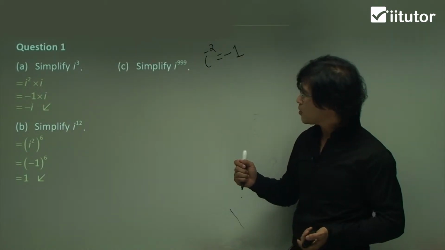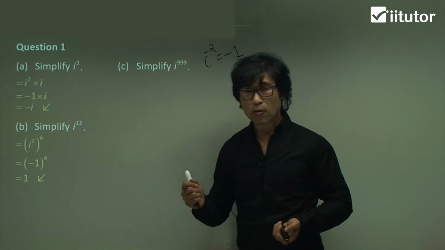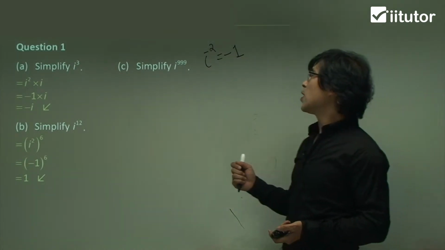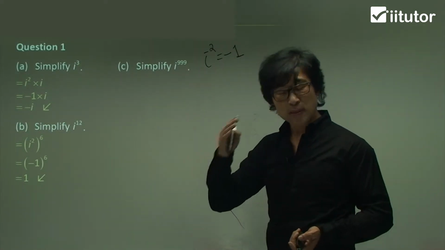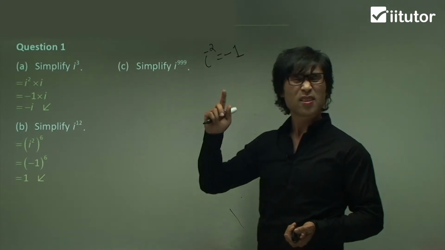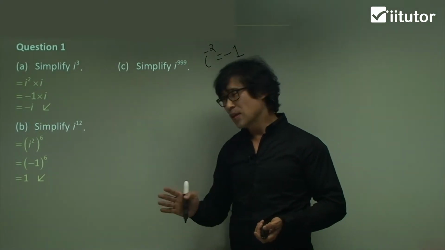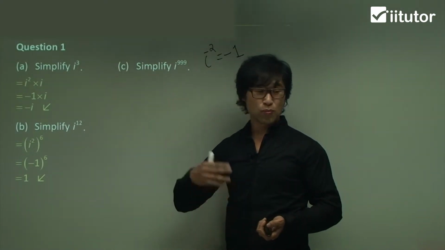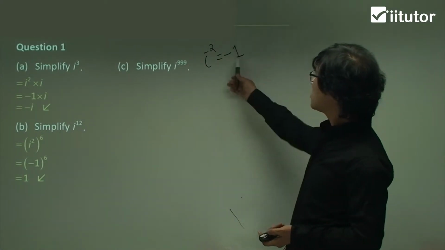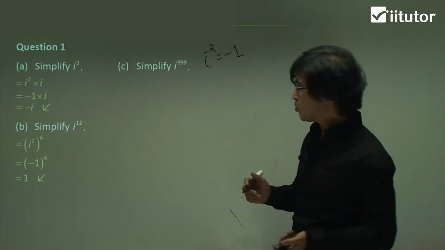Look at this one. Simplify i to the power of 999. Okay, what is this one? 999 is i times itself 999 times. I do not want you to multiply 999 times, but we can still use this property. How to use it?